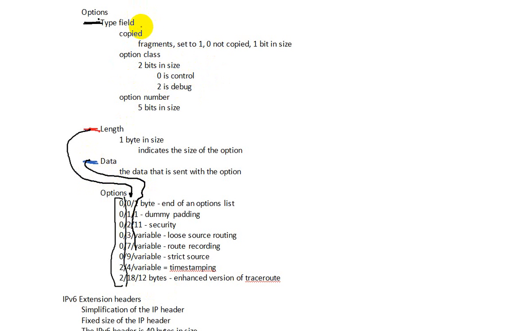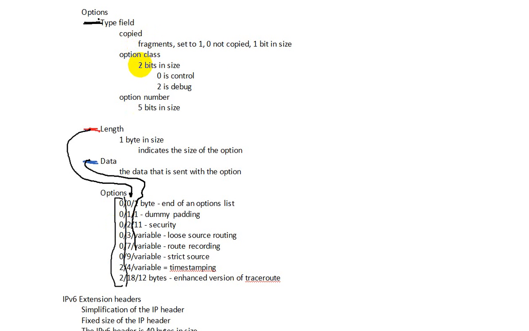So as you're going through the type field, what you're going to see is copied fragments set to 1 or 0, and copy 0. 1 is copied, 0 is not copied, 1 bit in size. If it's 0, it's not copied. If it's a type 1, it is copied.